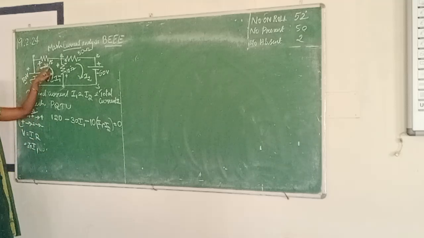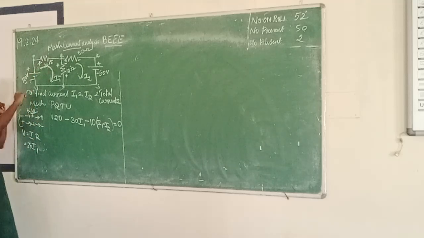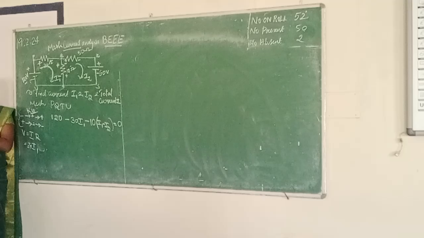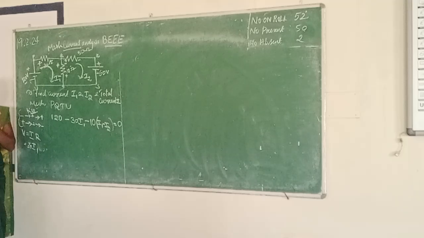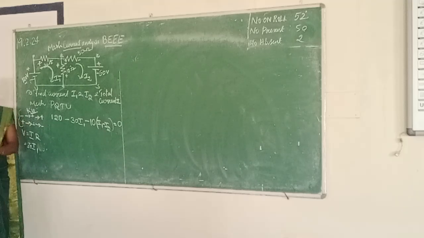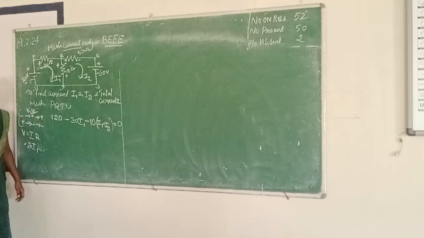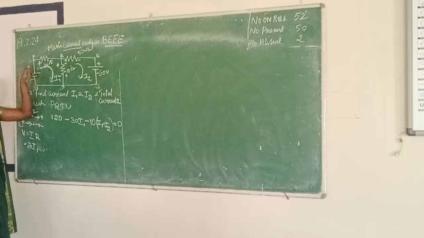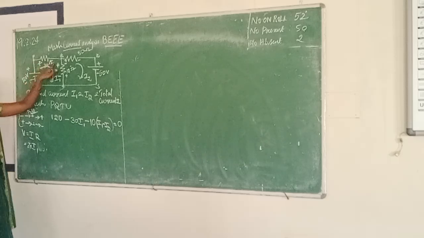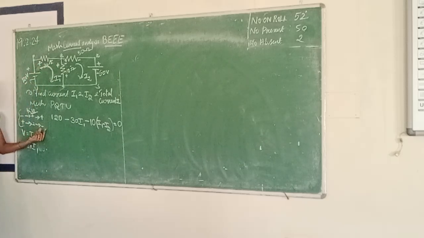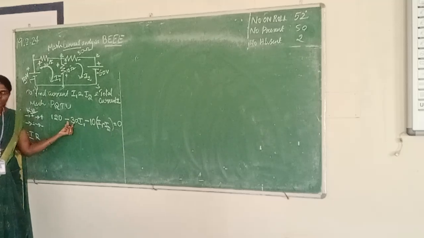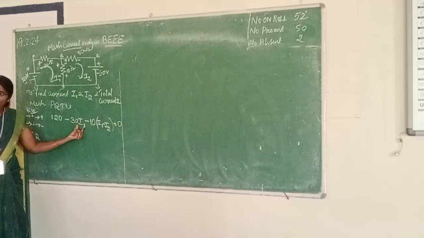Here the individual resistance is 30 ohms. The current I1 flows through the 30 ohms, and we have assumed the polarity of each resistance. The current flows from where to where? Plus to minus. Based on the clockwise direction, you have already marked plus minus. So since the resistance has the sign plus minus, minus. The resistance over there is 30, and the current flowing through it is I1.